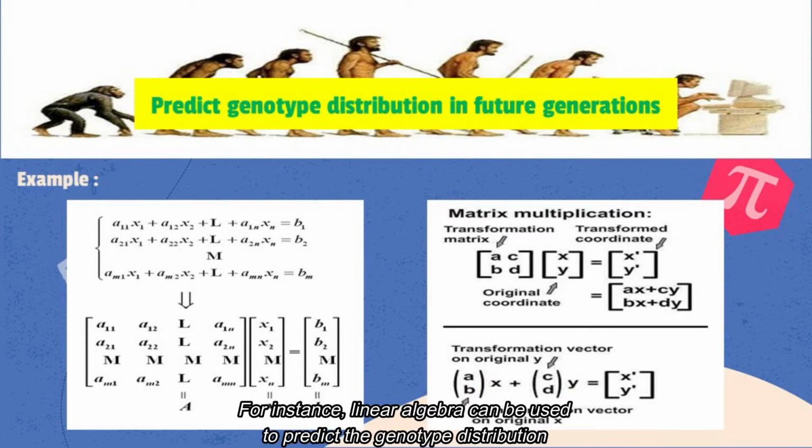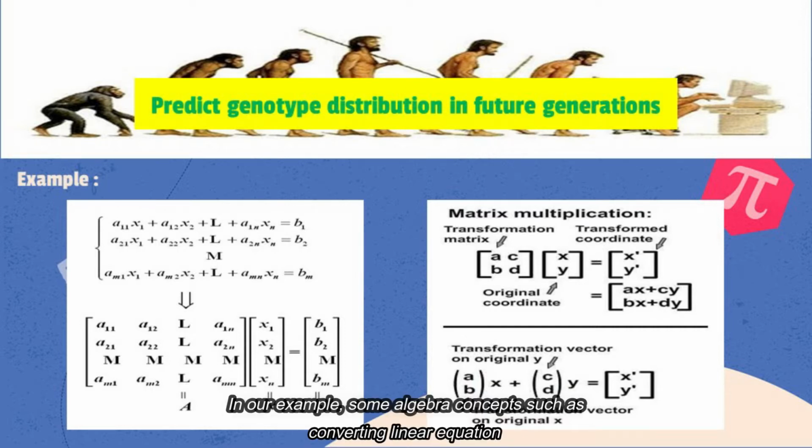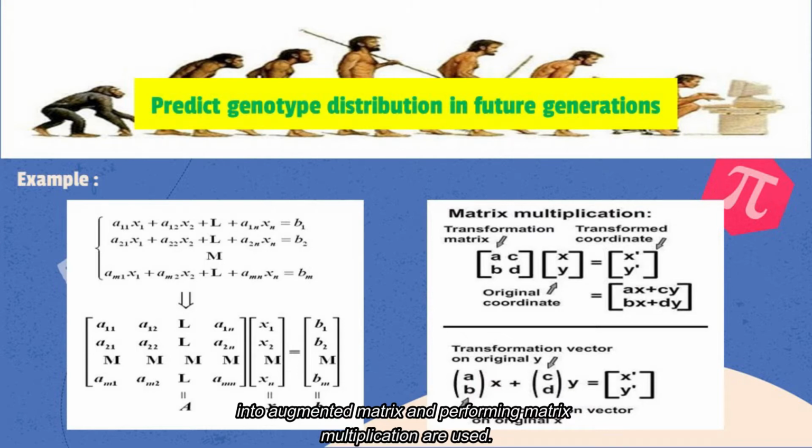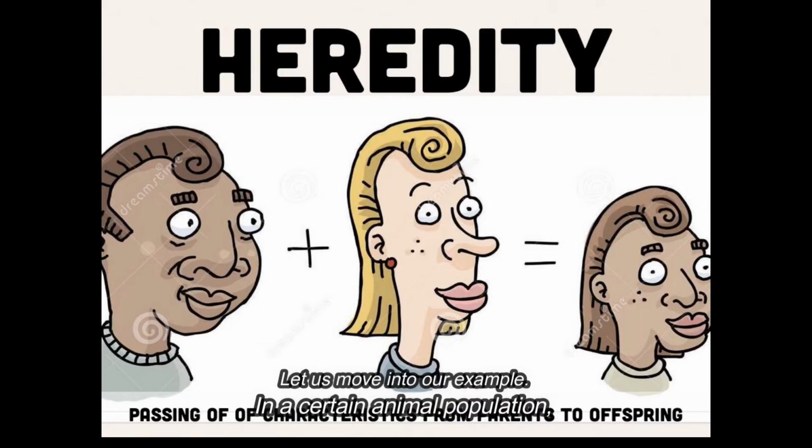For instance, linear algebra can be used to predict the genotype distribution of a particular trait in a population after any number of generations. In our example, some algebra concepts such as converting linear equation into augmented matrix and performing matrix multiplication are used. Let us move into our example.